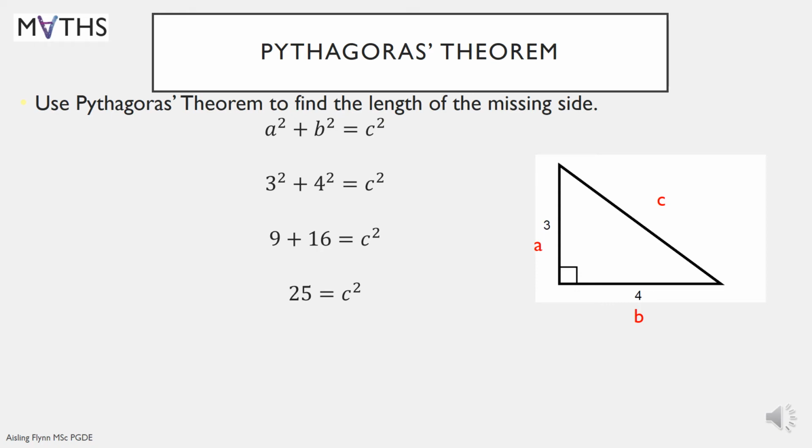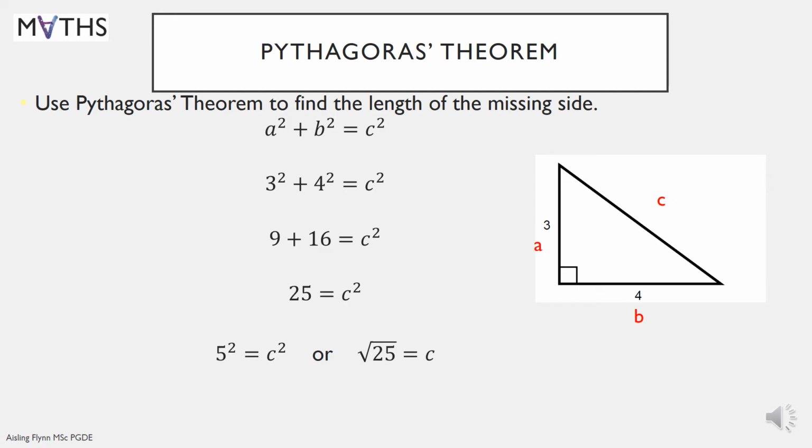At this stage, you have to ask yourself, which number, when you multiply it by itself, gives you 25? So you can say that 5 squared equals C squared. Clearly our answer is going to be 5.